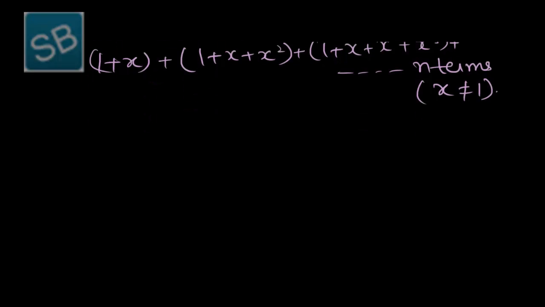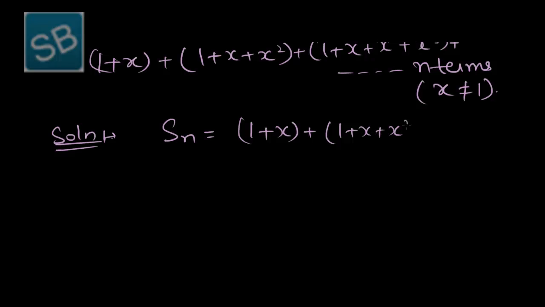So we have to find the sum of these terms. Now the solution is Sn is equal to 1 plus (1 plus x) plus (1 plus x square plus x cube) plus so on up to n terms.